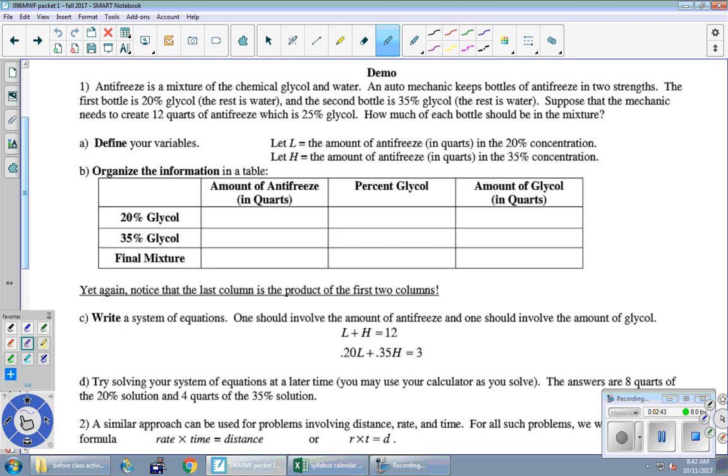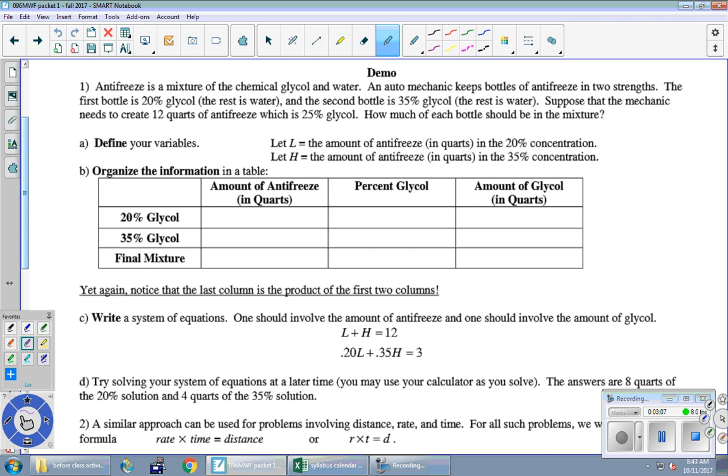The second bottle that the mechanic has is 35% glycol. The rest is water. The 35% one is more concentrated, right? It's concentrations we're talking about. So what this mechanic is going to do is mix some of the 20% and some of the 35%. Before we read what the goal is, suppose we mixed equal amounts of the 20% and the 35%.